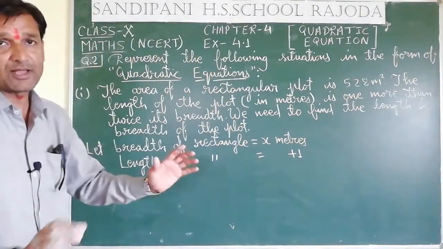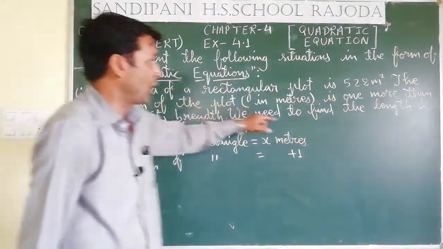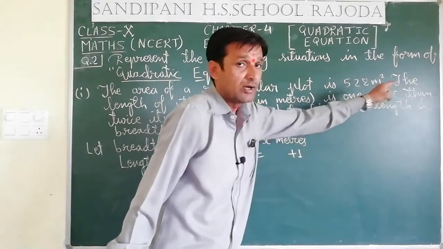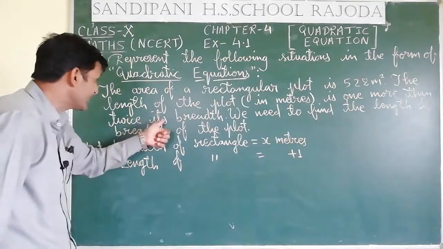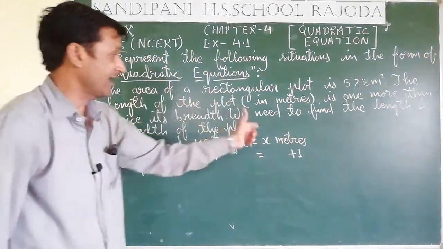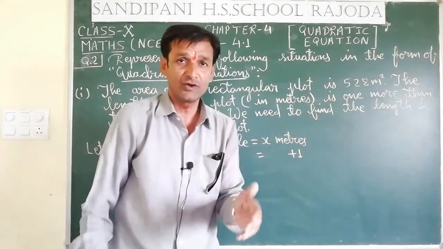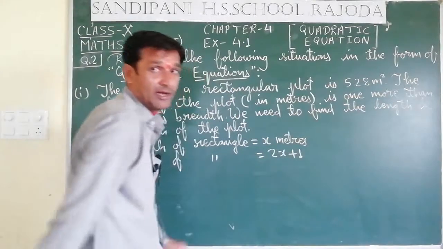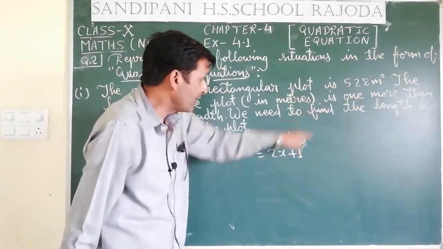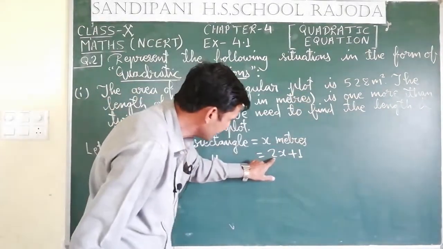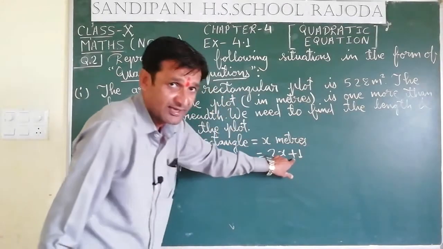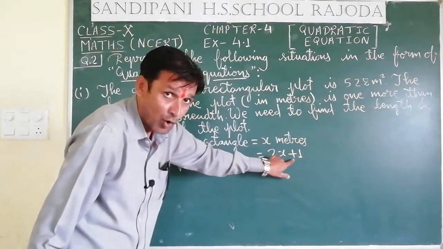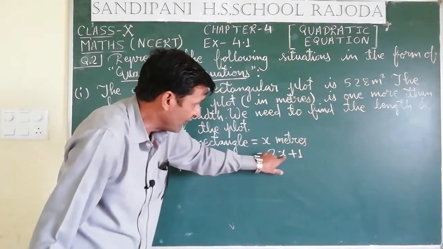First of all write plus 1. Length of the plot is one more than twice its width. Width is x, so twice of width, you know, it is 2x only. Twice of width, that is 2x, and it is one more than twice of width.